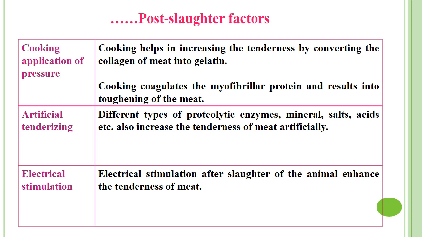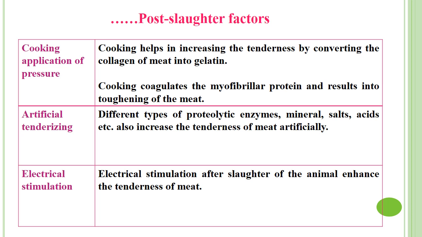So that becomes a little tough. Sometimes in case of old meat, it is advised to cook under pressure. That helps in tenderization. But in general, myofibrillar protein becomes a little hard, so that does not easily contribute towards tenderness by cooking.